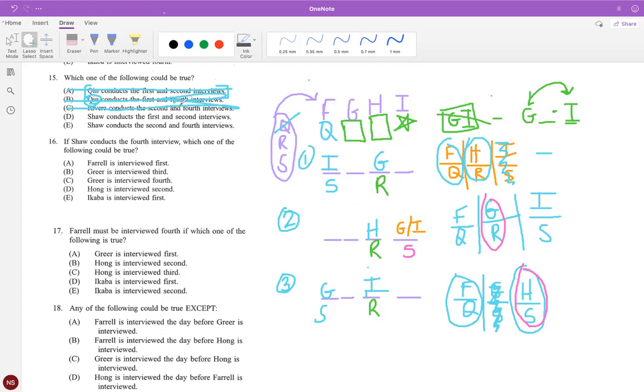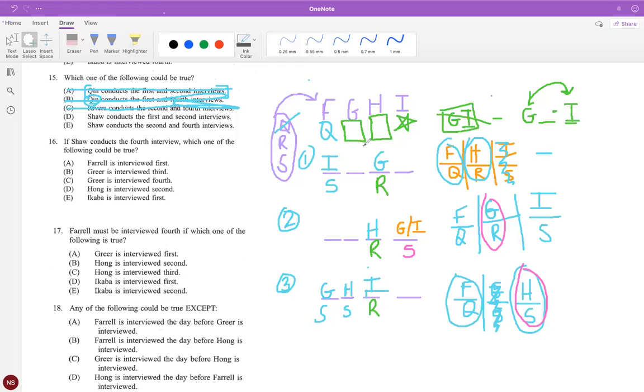Okay, so Shaw conducts the first and second interview. Okay, so I'm looking at the third one. J, A, S. S, I, R, F, Q, H. So yes.